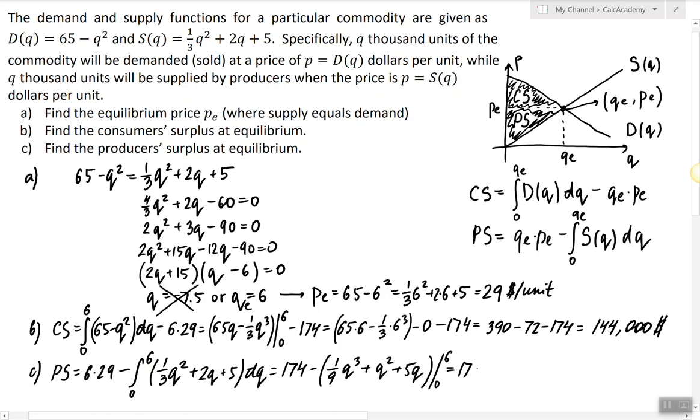At 0 the whole antiderivative is 0, so I just have to evaluate it at 6.